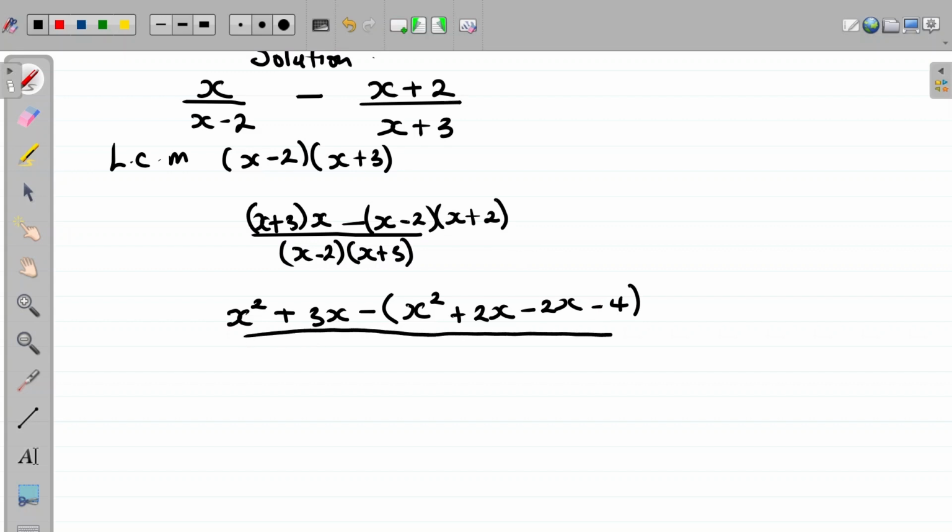Everything is divided by x minus 2, x plus 3.